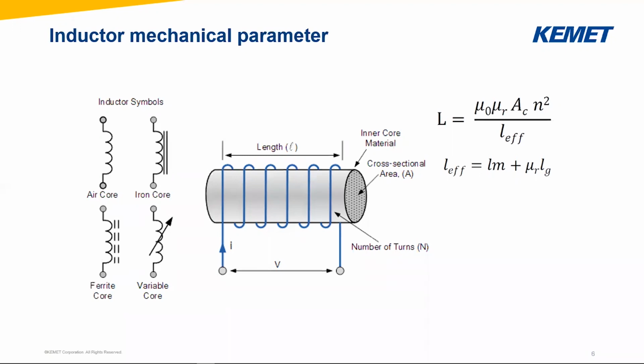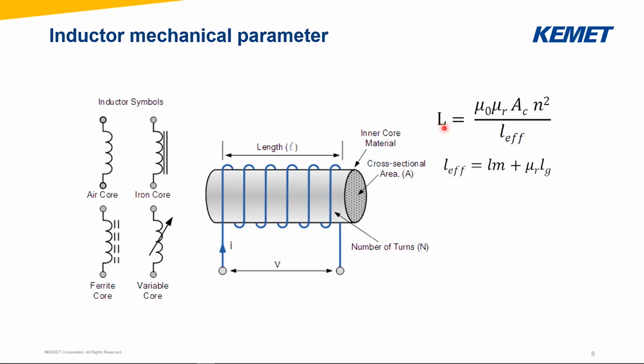So the simplest inductor we can create is a piece of wire, because a piece of wire has one turn around an air core. To calculate now the inductance, we need to look at different values. First of all, we will have the number of turns, which is n. The more number of turns we have, the higher the inductance is.